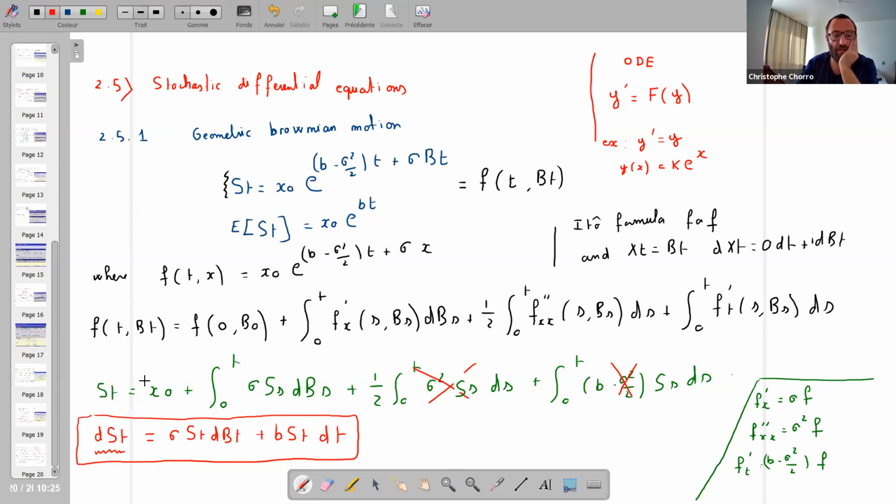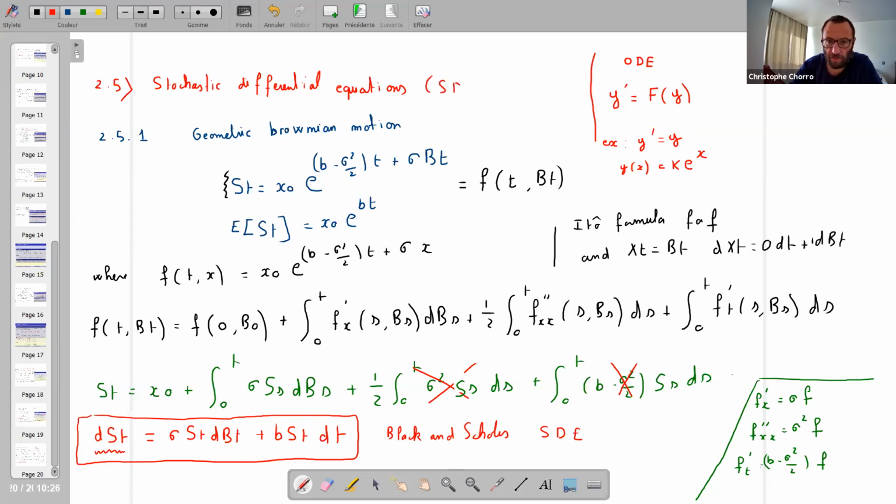So I have proved that the geometric Brownian motion fulfills this relation. I obtain its Ito decomposition through the use of the time-dependent Ito formula. And this one is called, in fact, the Black-Scholes stochastic differential equation.